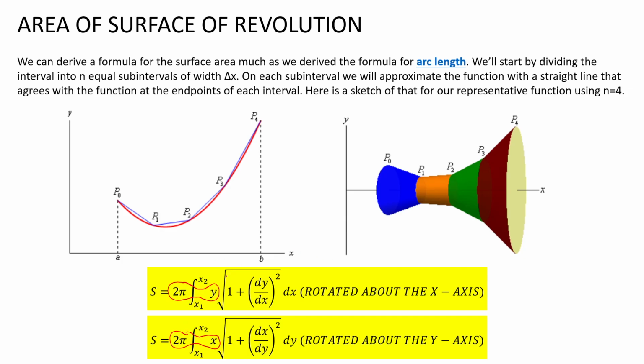So where did this come from? Of course the rest is very familiar because it's coming from the formula of the arc length. The 2 pi y and the 2 pi x came from, you may understand this as your differential volume or differential disk, but this time it's going to be a differential circumference.